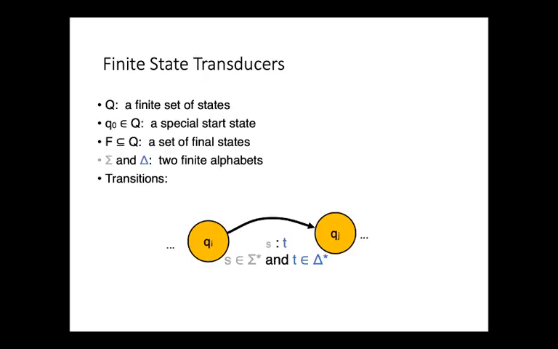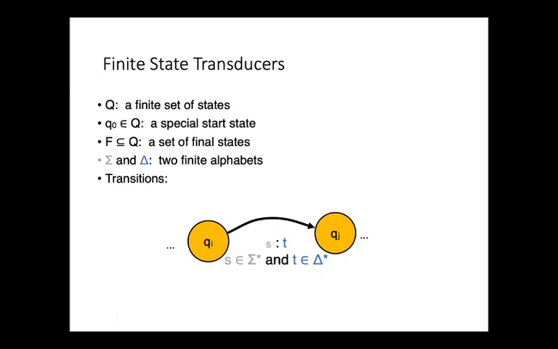So a finite state transducer is just a generalization of a finite state automaton. It's the same, except instead of having one alphabet, you have two alphabets, an input alphabet and an output alphabet. And every transition has two labels, an input label and an output label. It works just like a finite state automaton, except that instead of having one input tape, you have an input tape and an output tape.